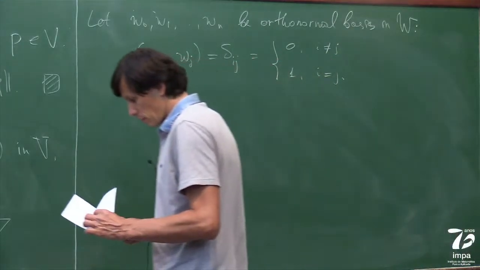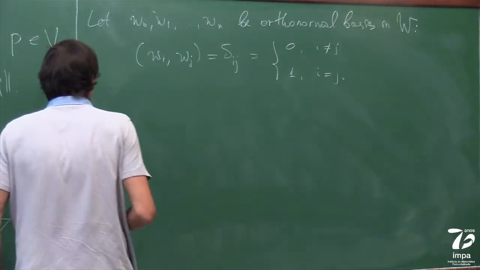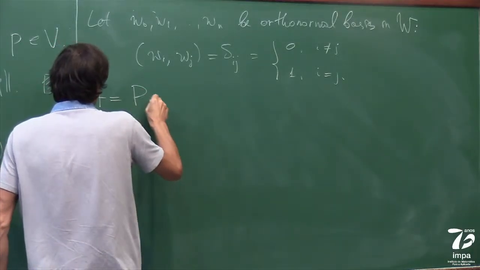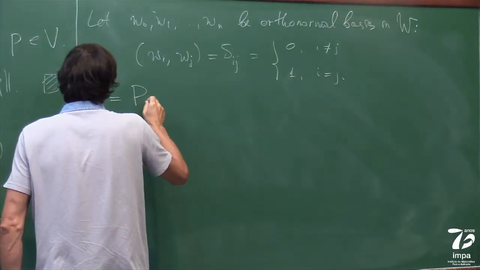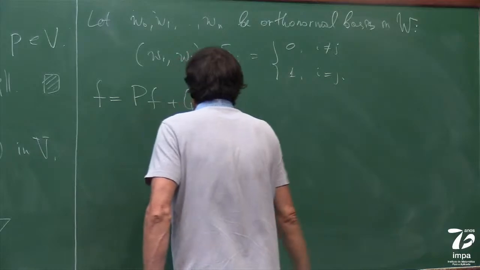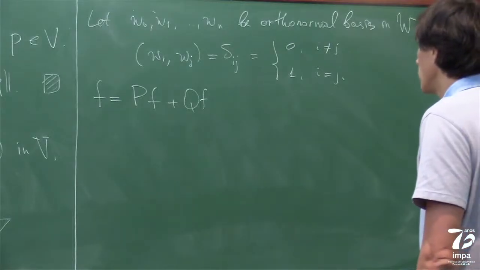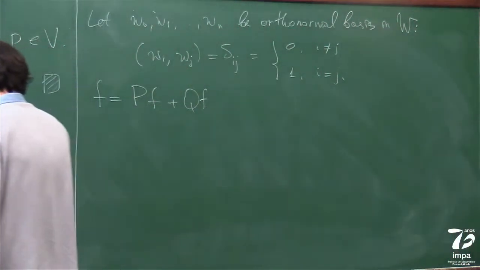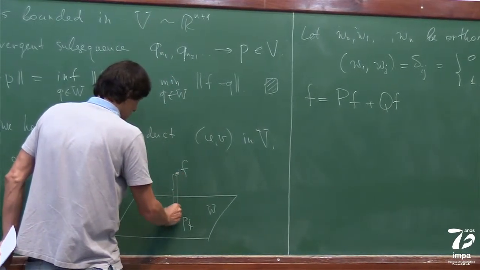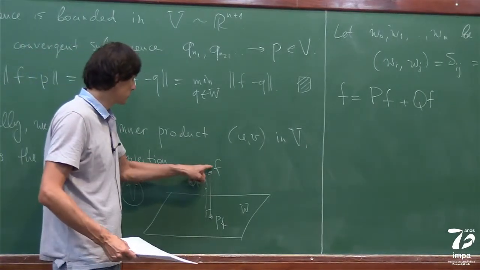Okay, in that case, what does projection mean? What you do is you can write F as the projection of F plus the orthogonal part. So this will be PF in this case, and this is QF. So F is PF plus QF.